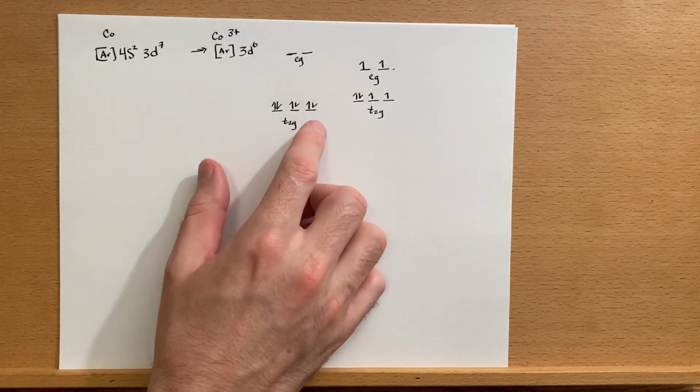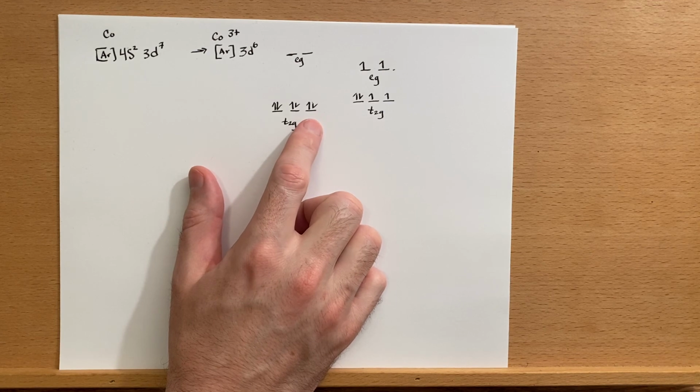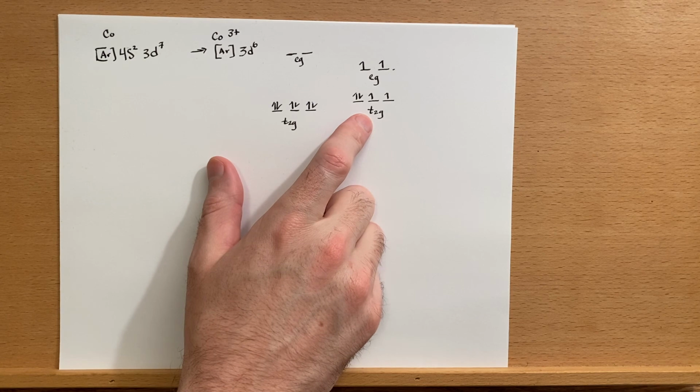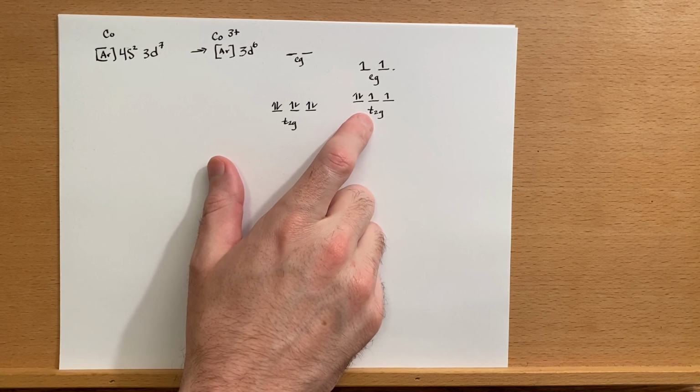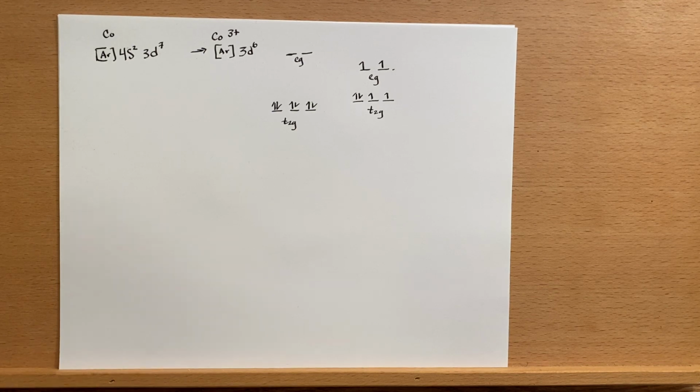Simply because we have 0 unpaired electrons, so we won't see an effect from this complex. And we have 4 unpaired electrons, so we should see a very large effect in this case, because 4 is very close to the maximum number of unpaired electrons we can have in a transition metal complex. It only goes up to 5, since there's 5 orbital positions.